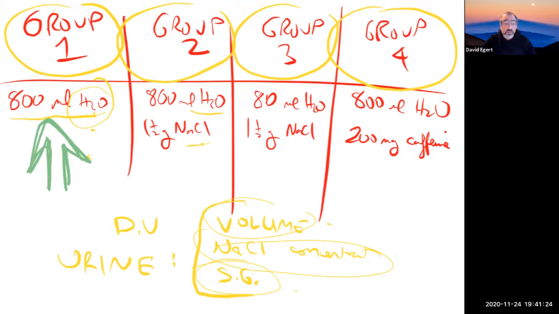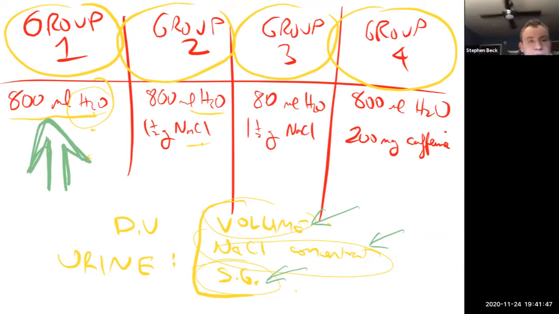So what would you expect to find looking at the volume, sodium chloride concentration, and specific gravity of the urine in somebody who has just drank 800 mils of water, and now you're going to wait and see what happens?